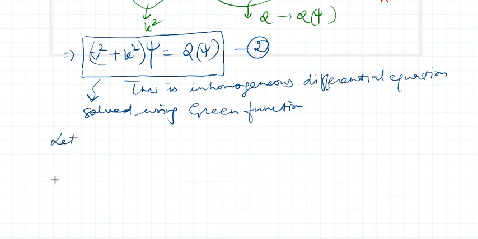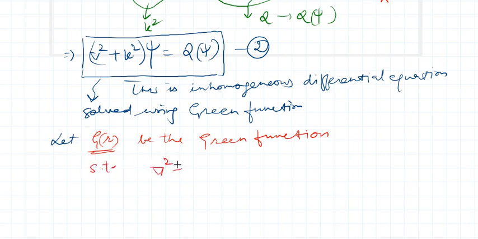Let G(r) be the Green function, and it is defined in such a manner that del square plus k square, if it is operated on the Green function in place of psi, then it will become a delta function, right? So it's a delta function.